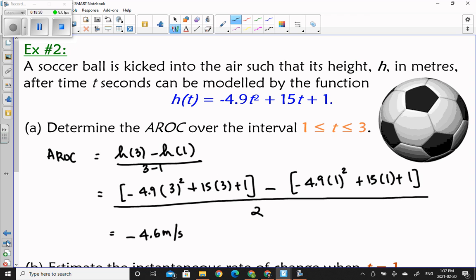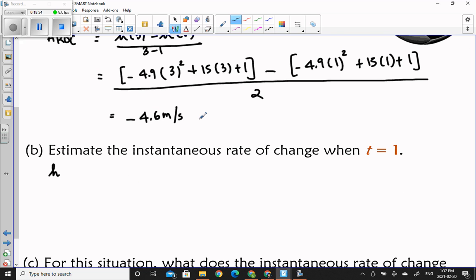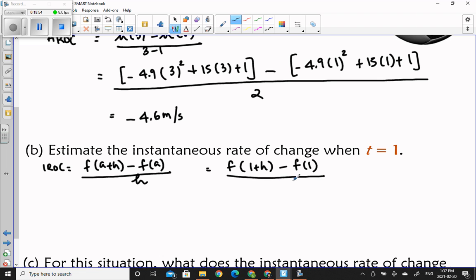So my rate of change will be f(a + h) minus f(a) divided by h. In my case, my a value is 1, so it'll be f(1 + h) minus f(1) divided by h.